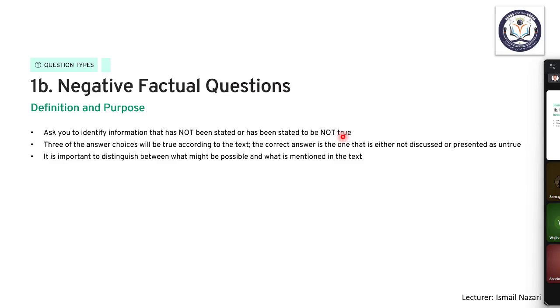So, based on this, we can conclude that one answer choice will be correct, and the other three choices would be incorrect, and they are stated inside the passage. So for a negative factual question, the answer choice which is not stated in the passage is the correct choice, and the other three answer choices that are stated would be incorrect. Opposite.